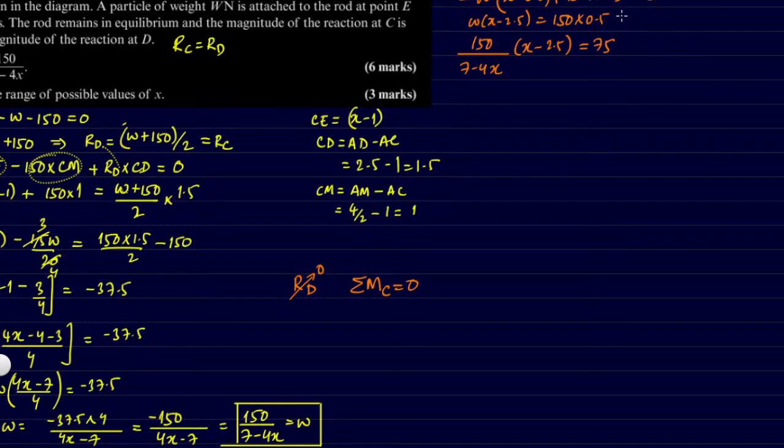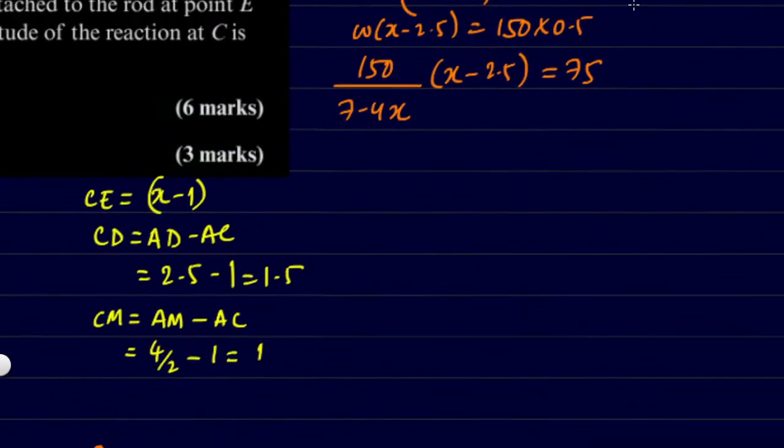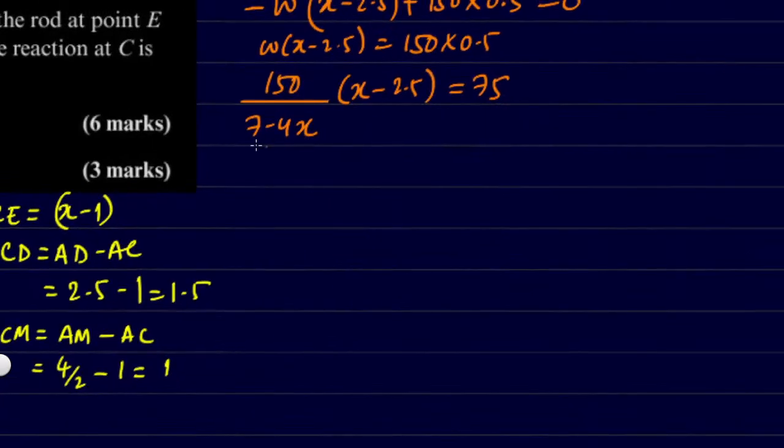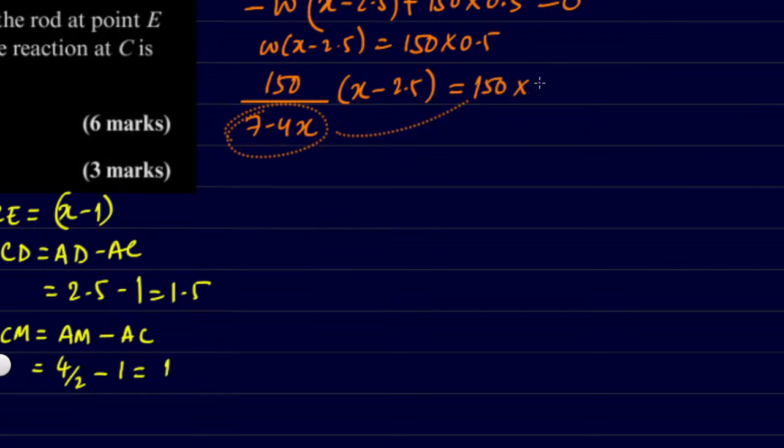Are we going in the correct direction? Let's see. So this term cross multiply, and this side let's keep it same. It will be simplified, 150 into 0.5.